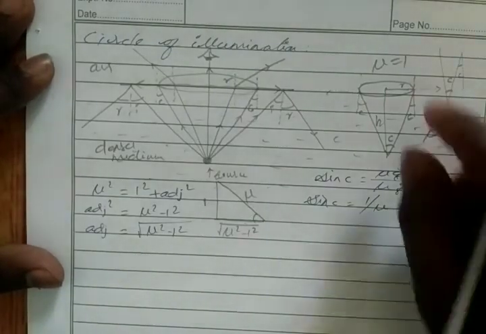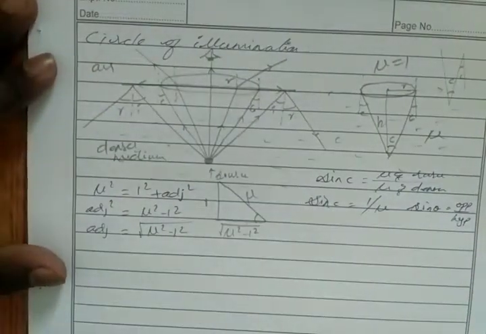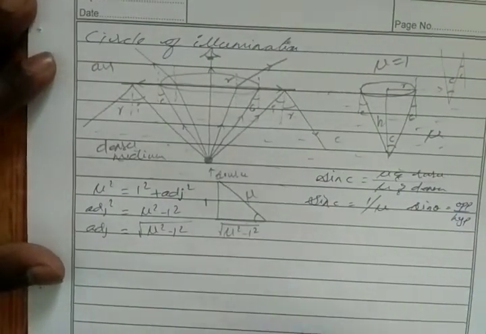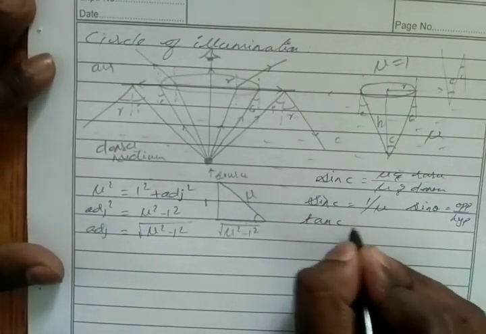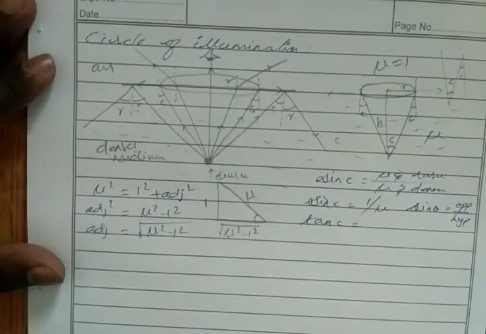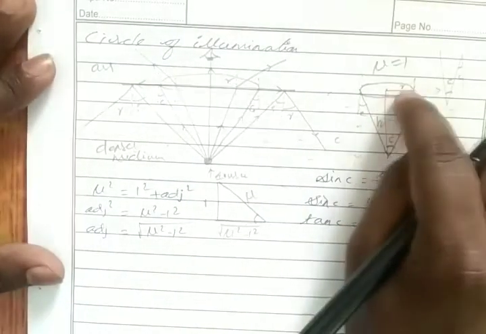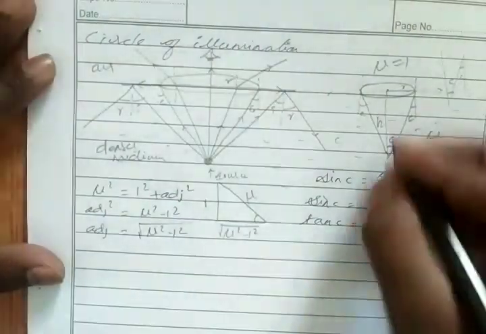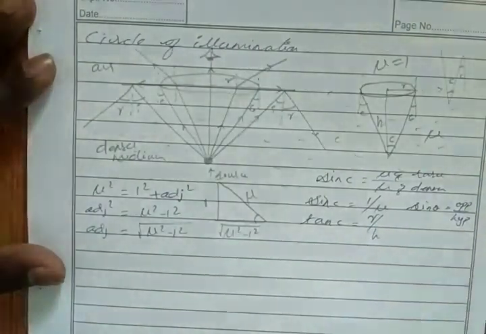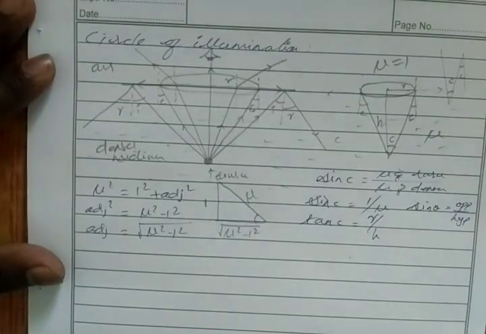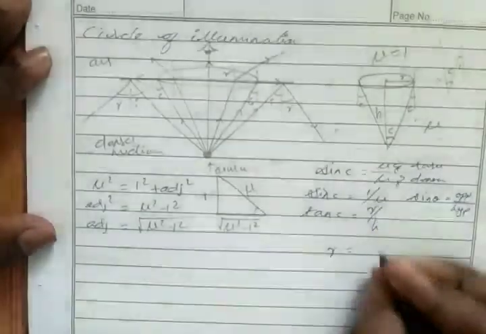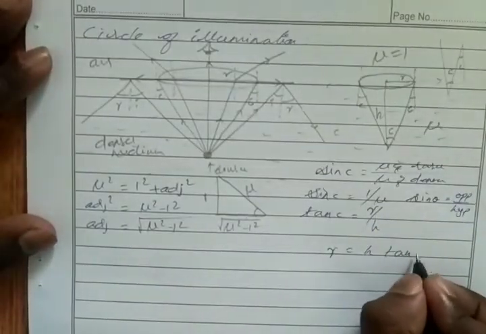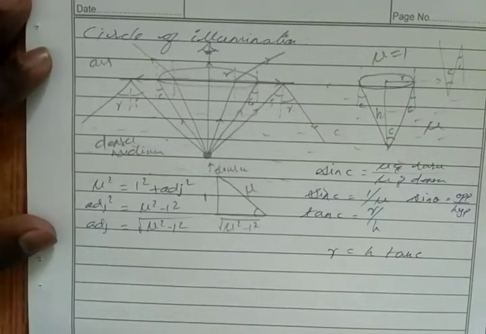For this triangle, apply the tan trigonometric function. We know tan theta, where theta is c. So tan c is equal to opposite by adjacent. Opposite is the radius, adjacent is the height h. From this equation, the radius is h into tan c. What is the value of tan c?